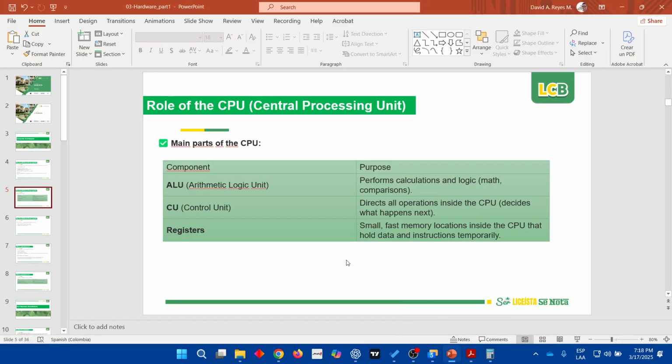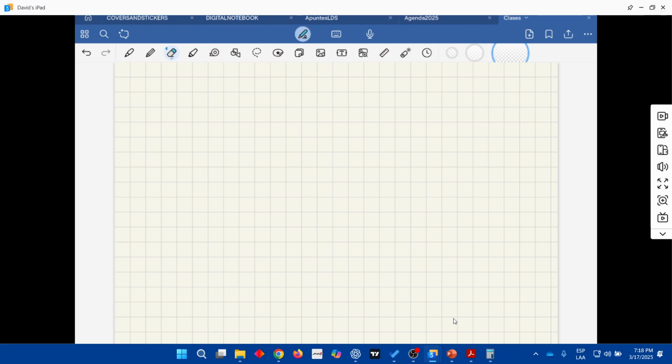Now we have another one that is called the CU, that is the control unit. So the control unit directs all operations inside the CPU. So it decides what happens next. So let's suppose that you have this number 15, okay? And you have the 7 times 2, okay?